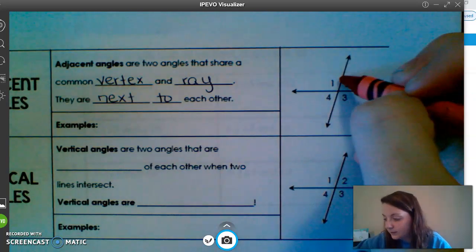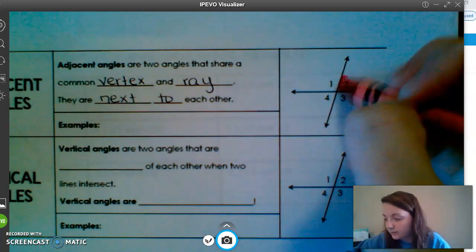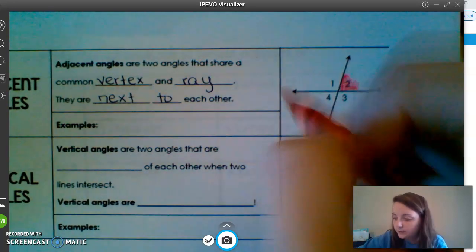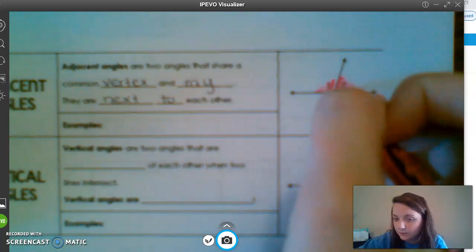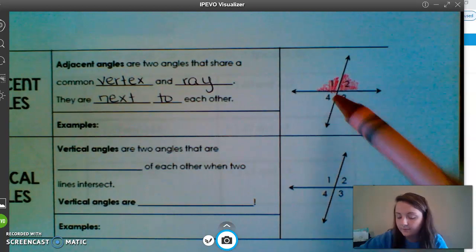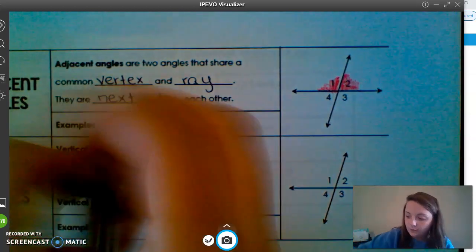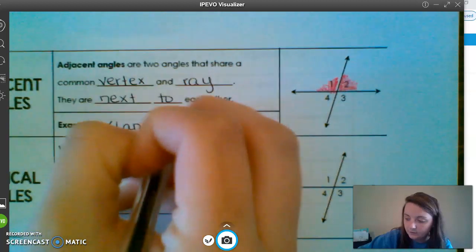So if I'm talking about angle 2, right there, then I could say, well, angle 2 is adjacent to angle 1 because they share this endpoint right here and this side, okay? So an example would be angle 1 and angle 2.